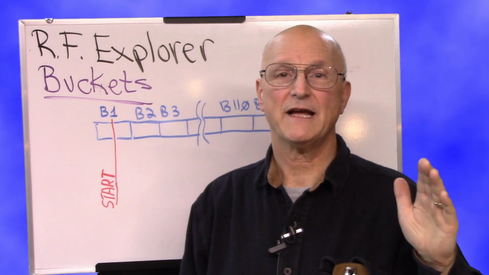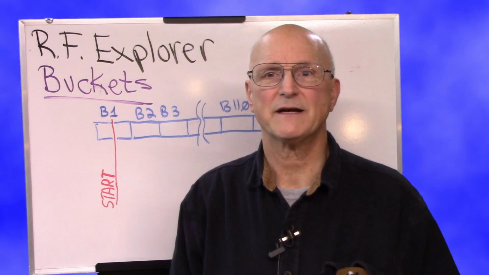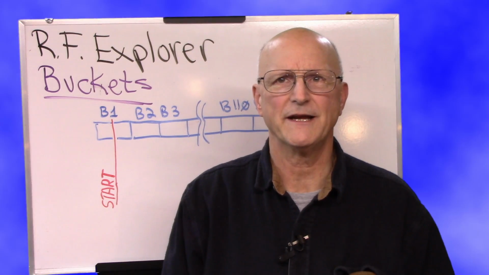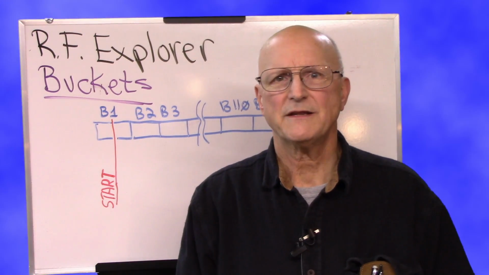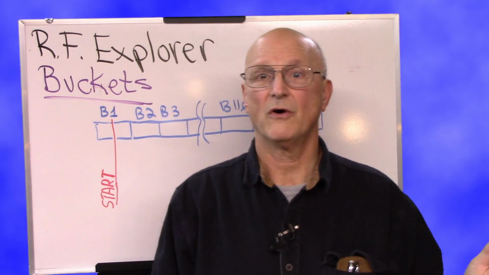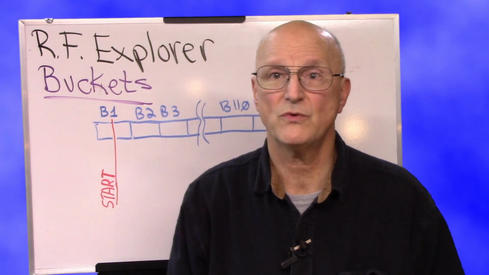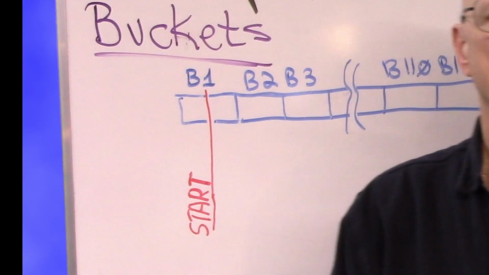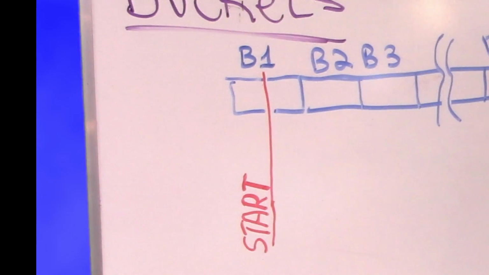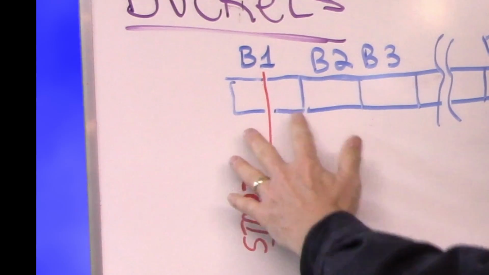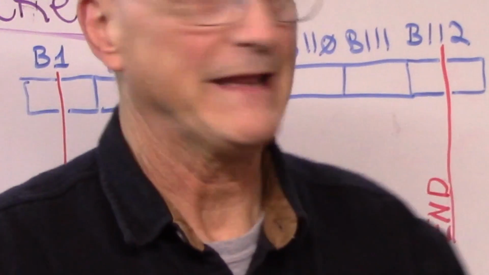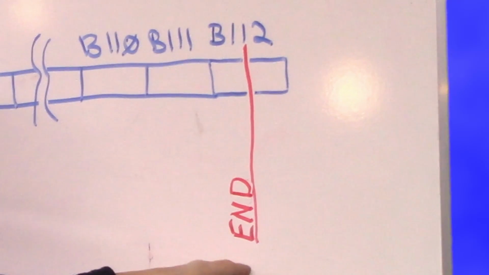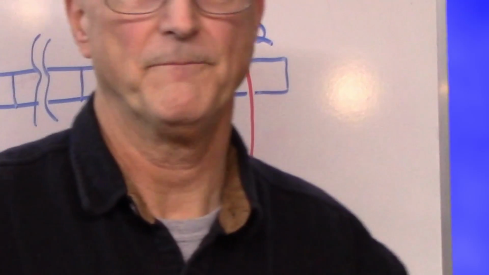Now that we understand this, let's see how these buckets are arranged on the screen so we better understand what we're seeing. It is true that the RF Explorer in standalone mode has a mere 112 frequency buckets. Now, horizontally speaking, the very first bucket is represented by the start frequency, and the very last bucket corresponds with the end or stop frequency.